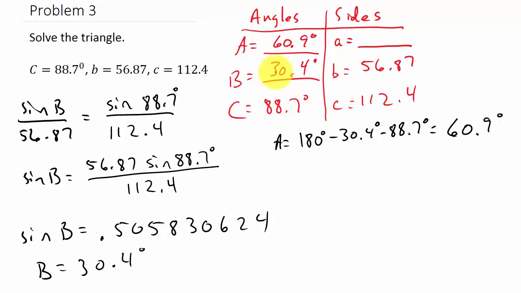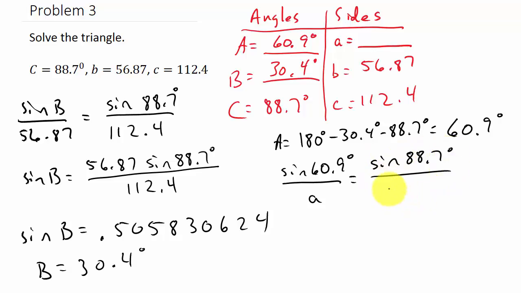This was calculated. All right, so I have the sine of 60.9 degrees over side A is equal to the sine of 88.7 degrees over 112.4.